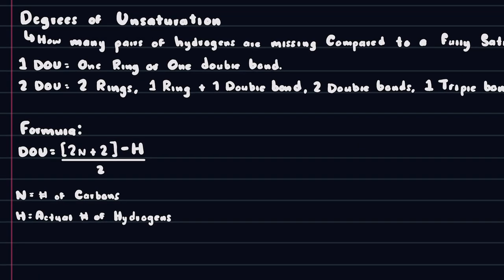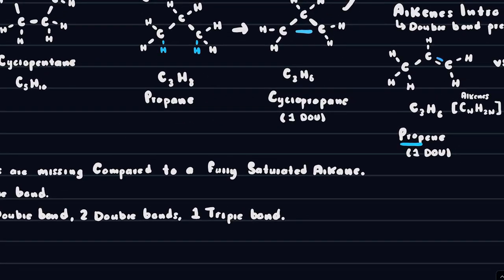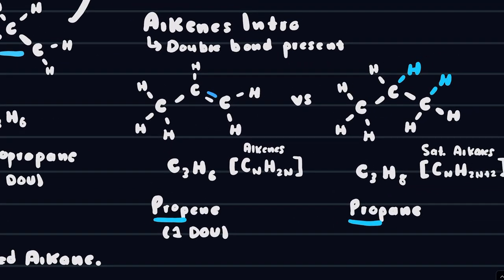So 2 degrees of unsaturation could either be 2 rings, 1 ring plus 1 double bond, 2 double bonds, or 1 triple bond, which we have not covered yet, so please don't worry about that yet. But one triple bond would essentially, just imagine an extra bond here. And because of that extra bond, we would have to get rid of 2 more hydrogens. So that's what that is, essentially.